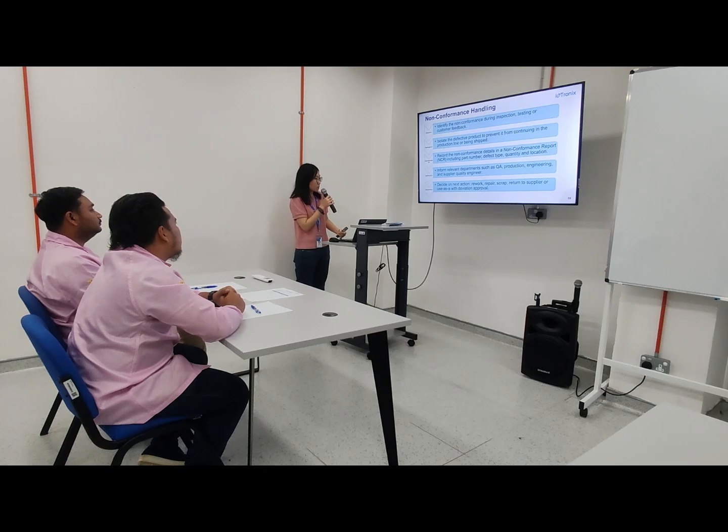Next is about the disposition method, and we'll decide on the next action. Either we will go for repair, scrap, or return to the supplier, or we just use as is. Use as is means guna saja, even got a minor defect. Okay.